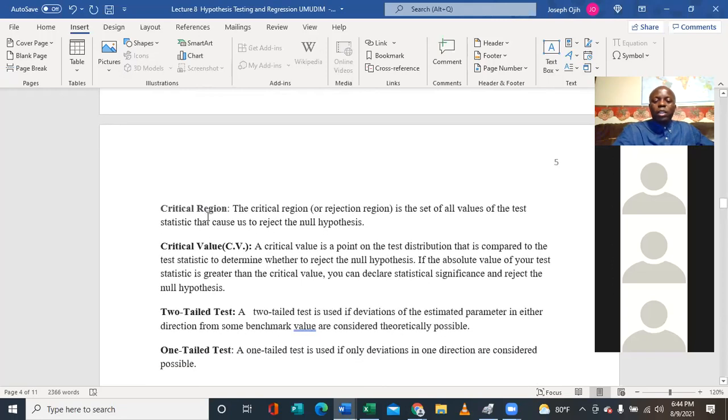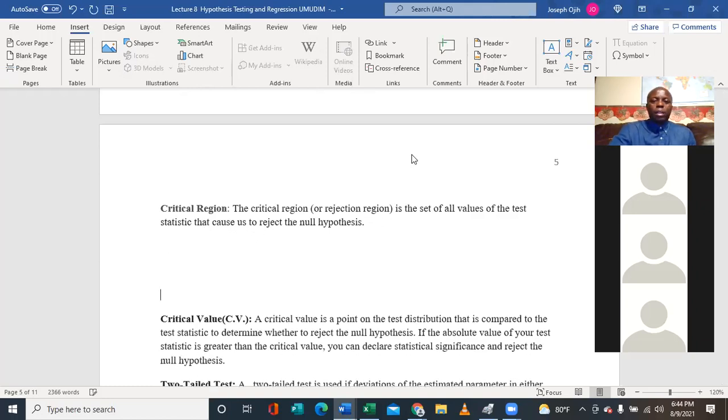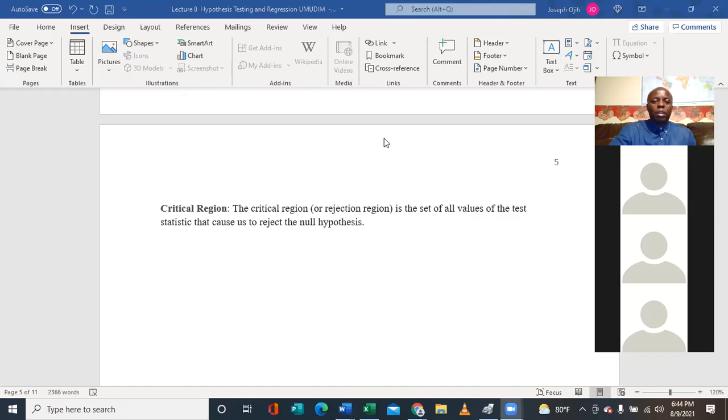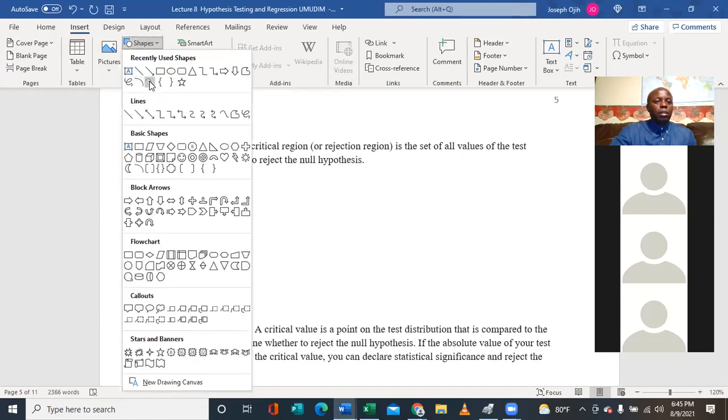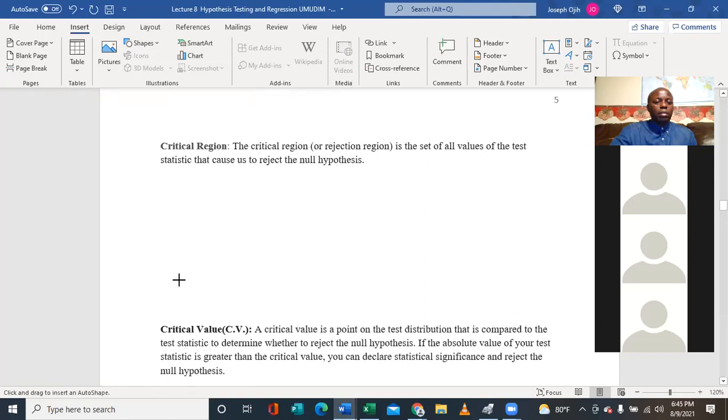Now, critical region is just another way we call a rejection region, or the acceptance rejection region. This critical region and critical value can be best illustrated with a diagram. Let's say you have this chart for hypothesis testing, like we do in normal distribution.